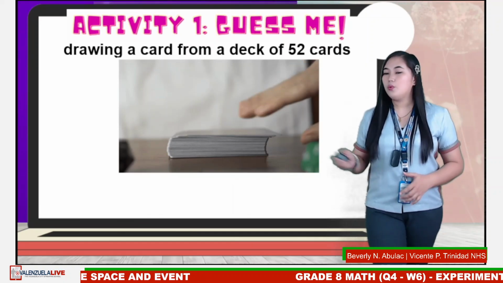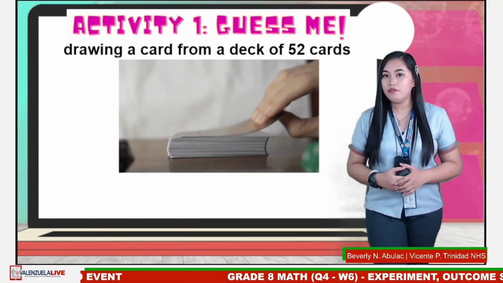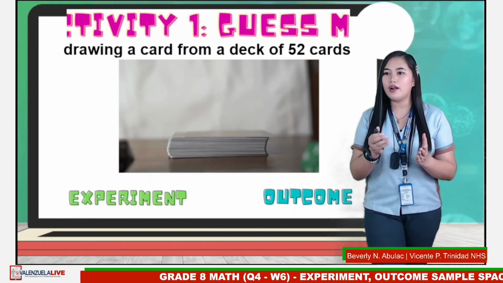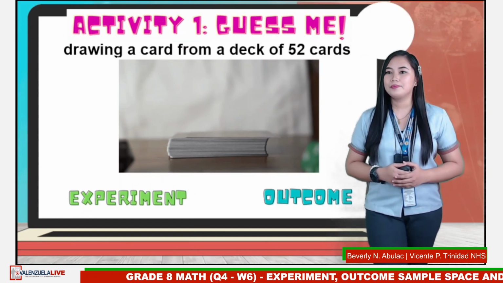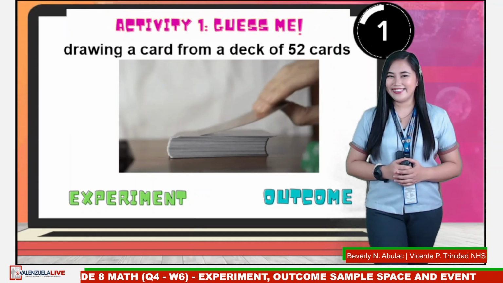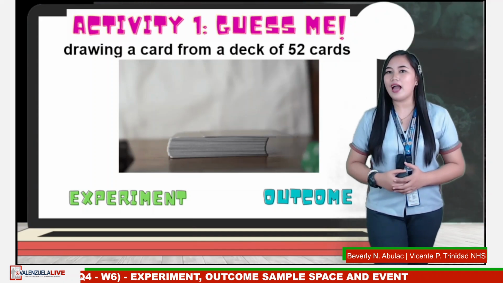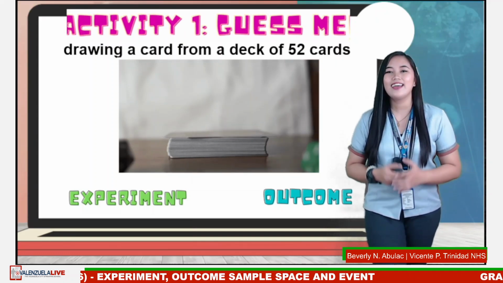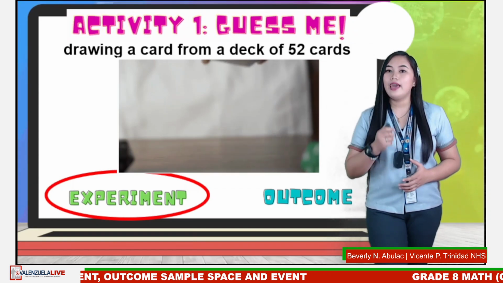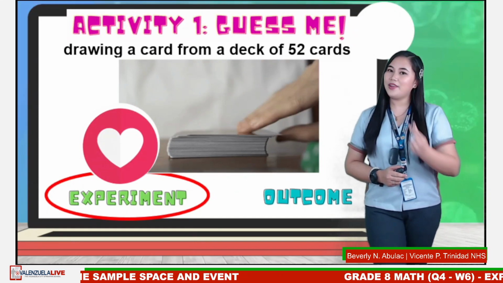The other one, we have drawing a card from a standard deck of 52 cards. Is it an experiment or an outcome? 5 seconds, timer starts now. Are you done pressing the correct react button? Awesome! The answer is experiment. Therefore, you should be able to press the heart react button.